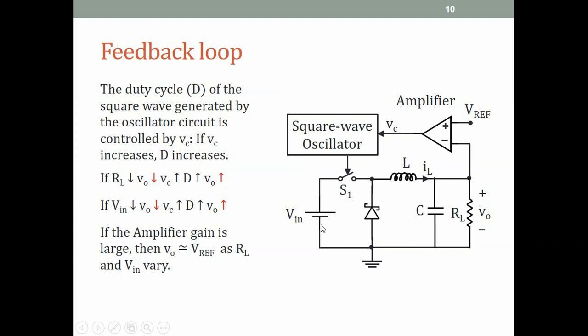Similarly, if Vin were to reduce, then just in this lower part of the circuit, VO will tend to reduce. But again, if VO tends to reduce, the duty cycle will increase, and then the duty cycle will cause VO also to increase. So either a change in RL or Vin will be counteracted by this feedback loop, so that VO remains almost constant.